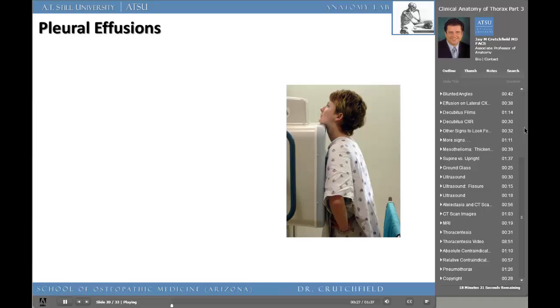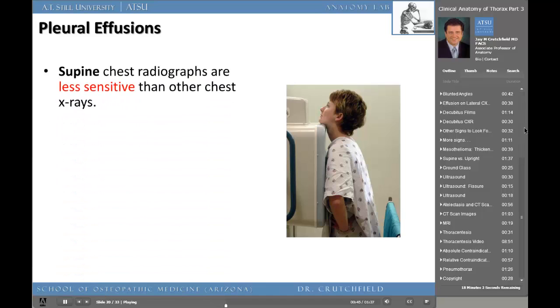What happens now if we put the patient flat on a table and take a chest x-ray that way? This supine chest x-ray is like taking a glass full of water and throwing it on the ground. It's flat, it spreads out, and it doesn't show up very well on chest x-ray. But there's a couple of things that can lead us to conclude the patient may indeed have a pleural effusion on one of these supine chest x-rays.